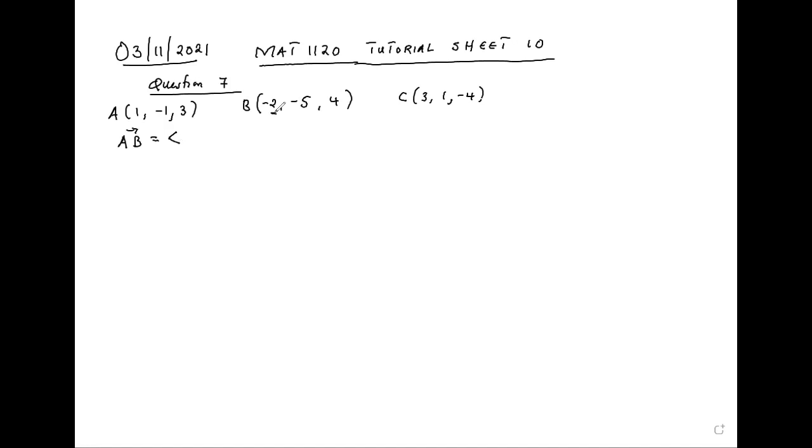You start with the B coordinate and subtract the A coordinate. So this will give us -3, -4, and +1.